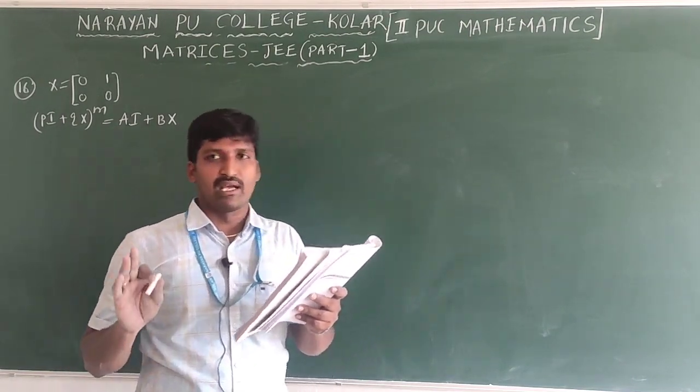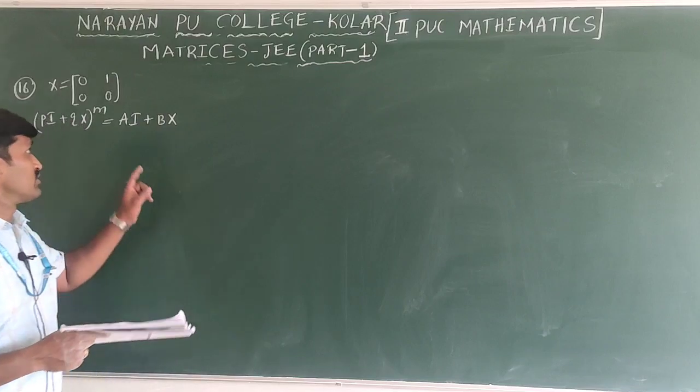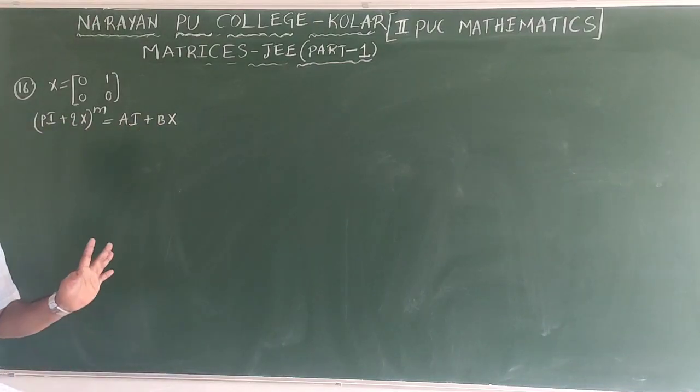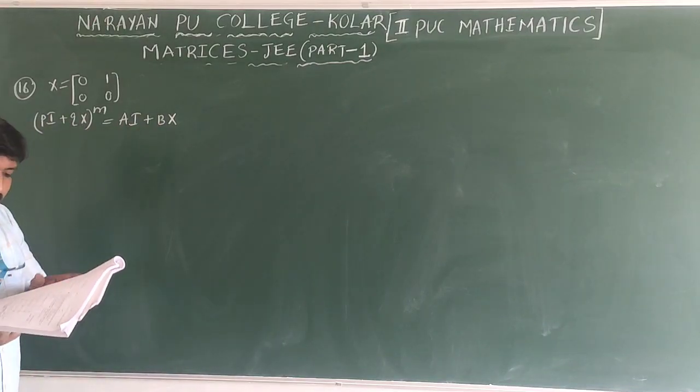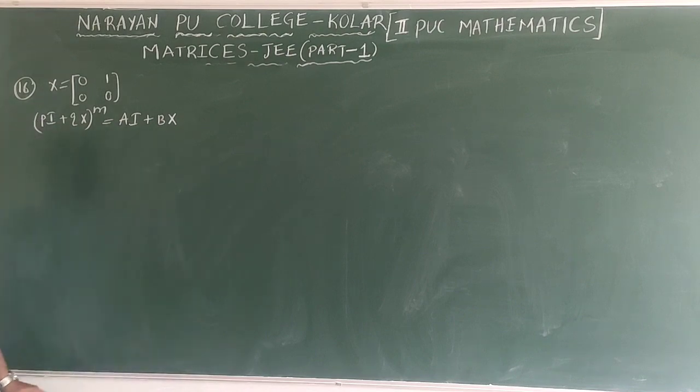Then A and B, that is, scalars we need to find out, capital A and capital B, in the form of the given options, in m and p, q format.